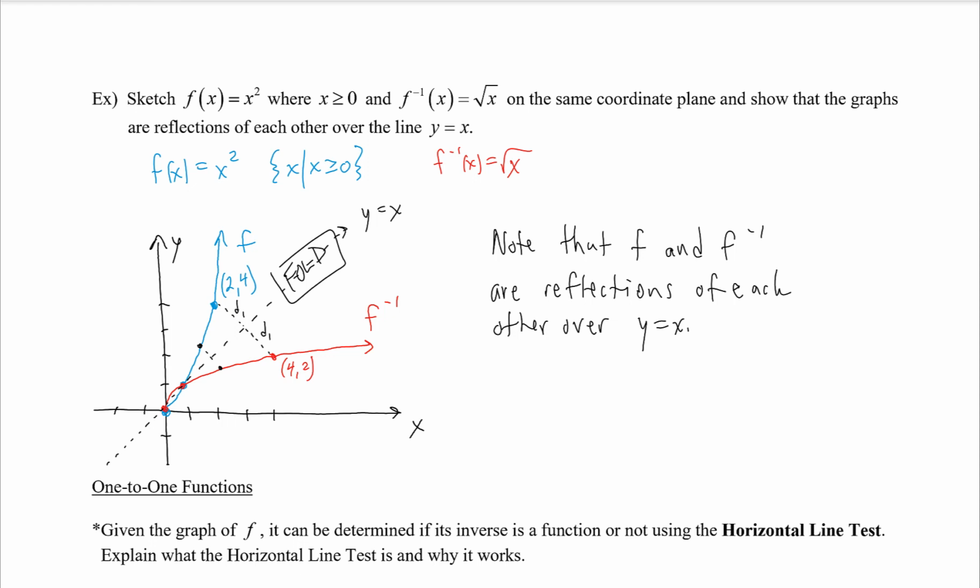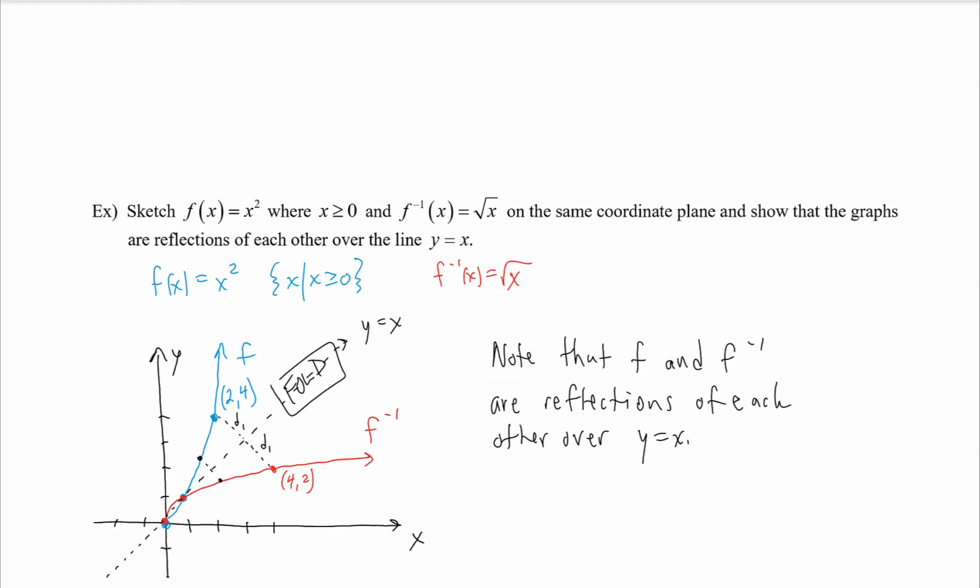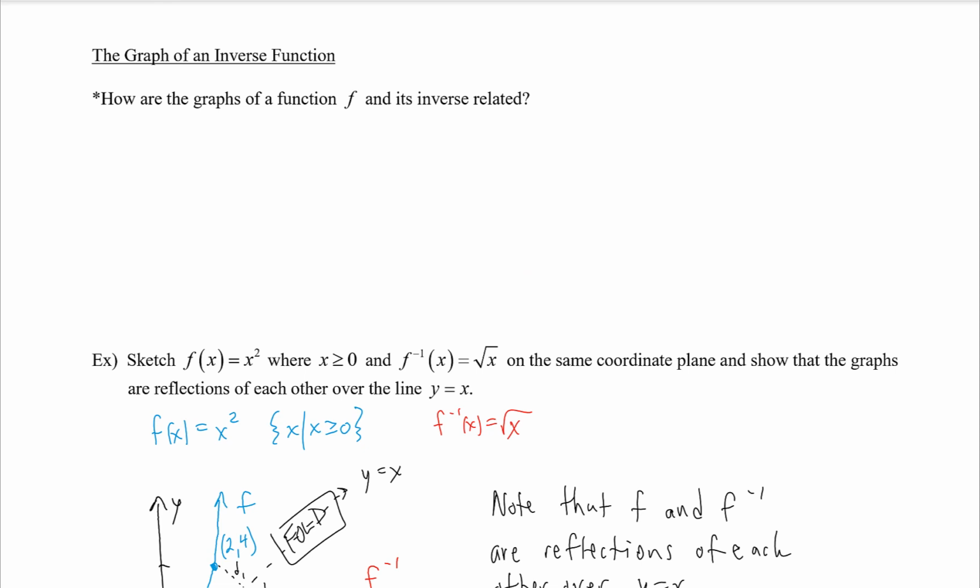Now they wouldn't when you do it by hand, but if you did it on a computer, they should match up perfectly. Computers can be highly more accurate. But the point here is that this will always be true. So how are the graphs of f and its inverse related?